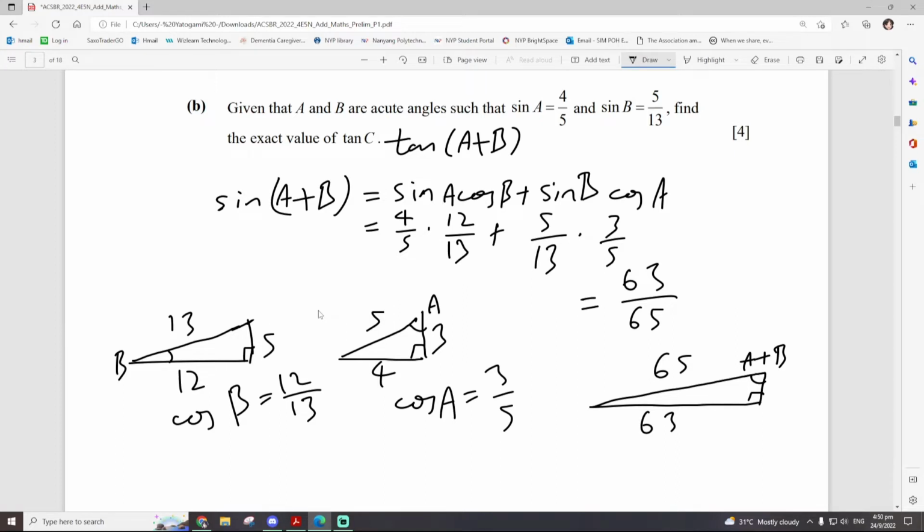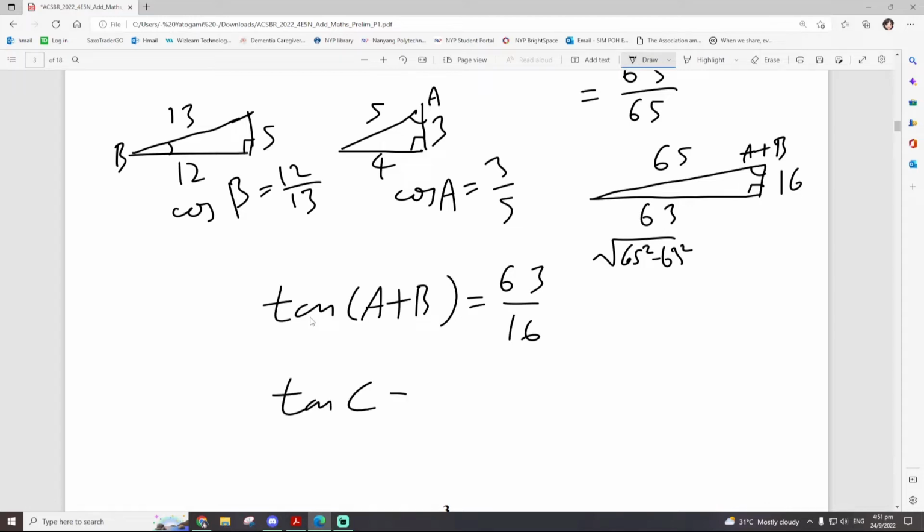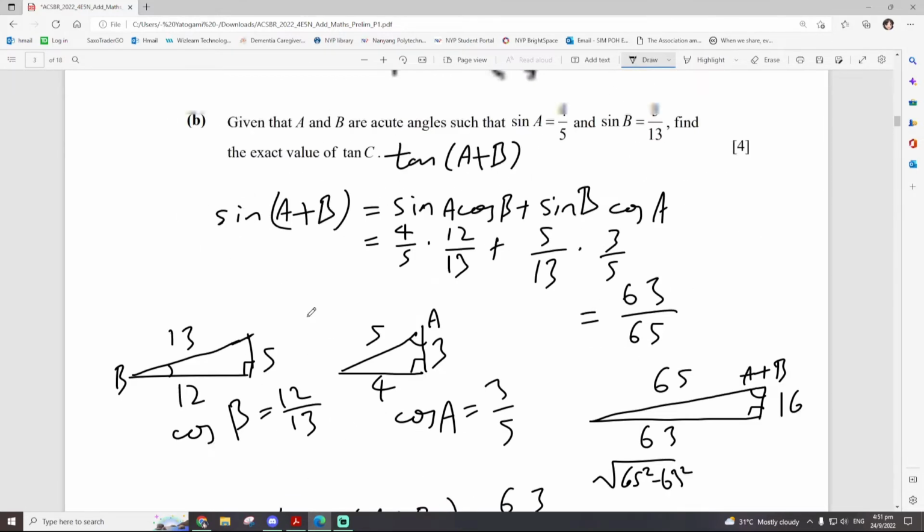Pythagoras will tell you square root of 65 squared minus 63 squared, which is 128 times 2, so 256. Okay, so this is 16. So therefore, tangent of A plus B will be equal to the opposite, which is 63, divided by the adjacent, which is 16. And that will tell you tangent C, based on the earlier result, will be negative 63 over 16. Yeah, there you go. That's the answer.